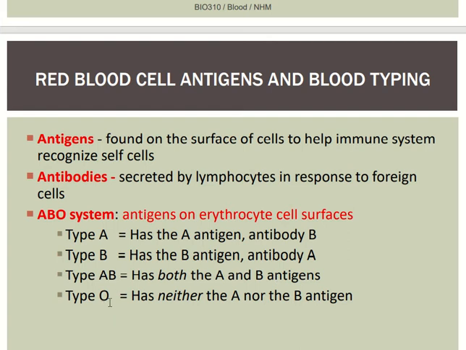Type O has neither A nor B antigen on the surface, meaning the surface of type O red blood cells does not have any surface marker. Therefore it will produce both antibody A and antibody B, as it does not have antigen A or antigen B.